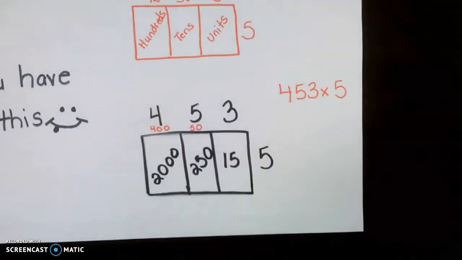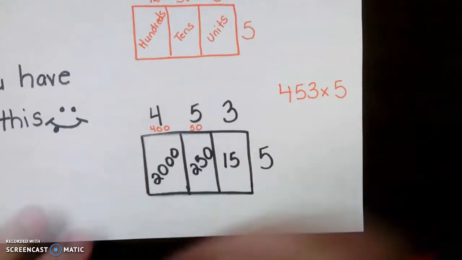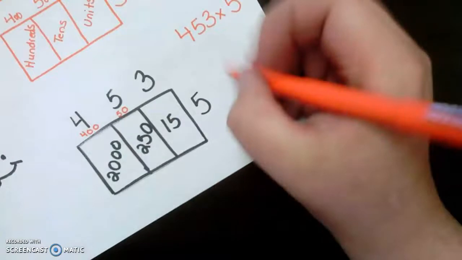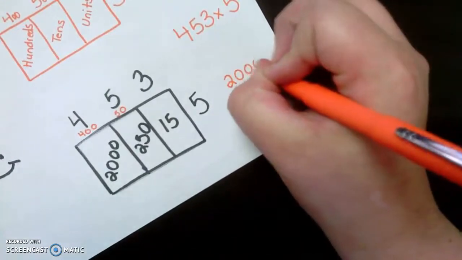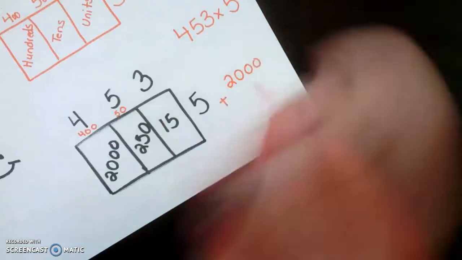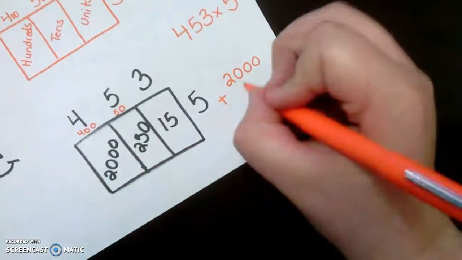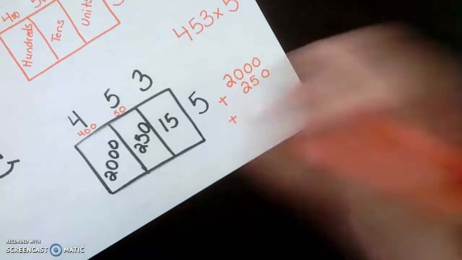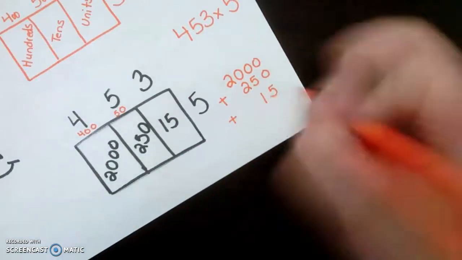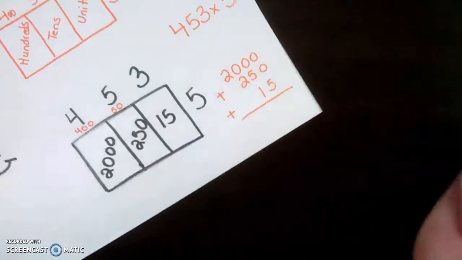So we're going to make a nice addition question over here on the right-hand side, starting with our biggest number. We're going to go 2,000 plus 250 plus 15. We're going to start adding those up.